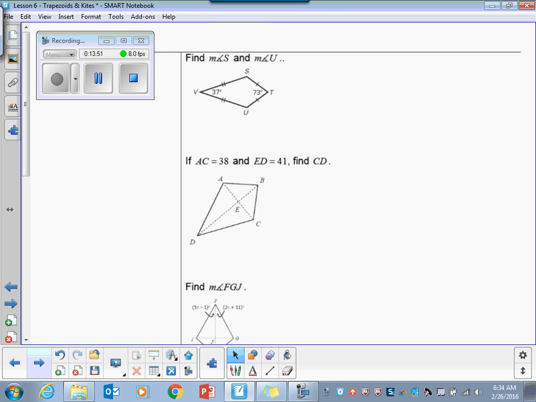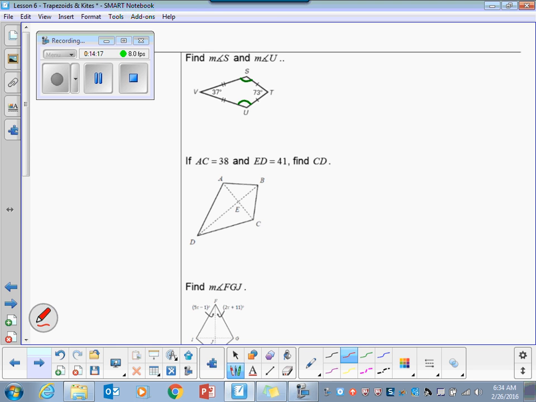All right, continuing with some practice problems. We're asked to find the measure of angle S and the measure of angle U. So as I look at STUV, I have a kite. I have two pairs of congruent sides that are not opposite each other. And I know in a kite, in this one, S and U have to be congruent.